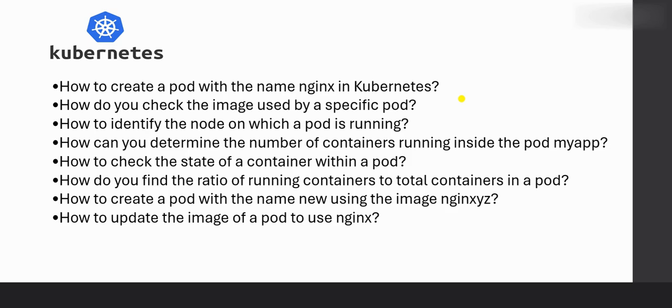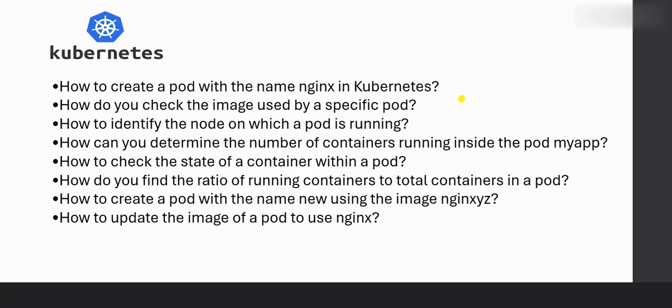Suppose you have an application and you want to run that application. To run that application, whatever dependencies, runtime, and libraries that you require, the container keeps all of that, and it helps in running that particular application. And a pod can run from a single container to multiple containers, and those containers share the resources as well.